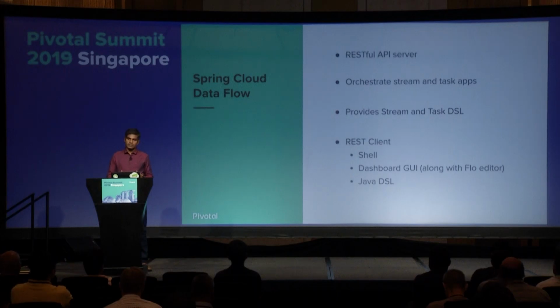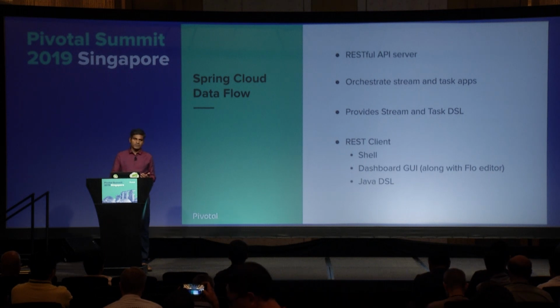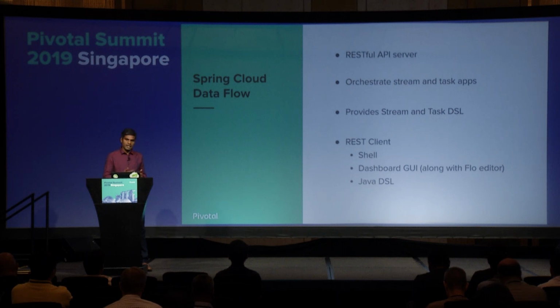So, getting into Spring Cloud Data Flow. Spring Cloud Data Flow is the orchestration toolkit to process your stream and task workloads. And why do we have a unified platform to run both stream and task? There are some unique use cases as well. For instance, you might want to run a task that gets triggered by a stream based on certain criteria. And also in a reverse way, you might want to trigger a stream based on some transaction processing.